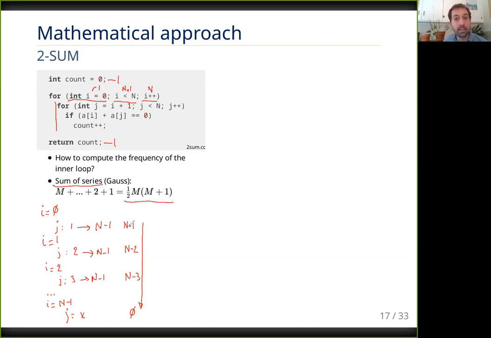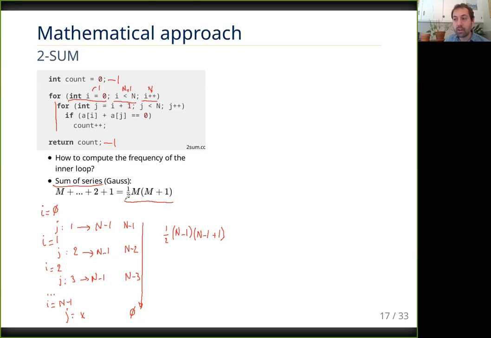So we could run the same: if we want to add n minus 1 plus n minus 2 plus n minus 3 and so on down to 0, it means that it's half of n minus 1 times n minus 1 plus 1.